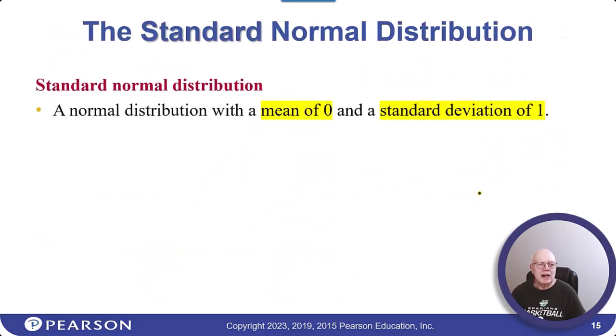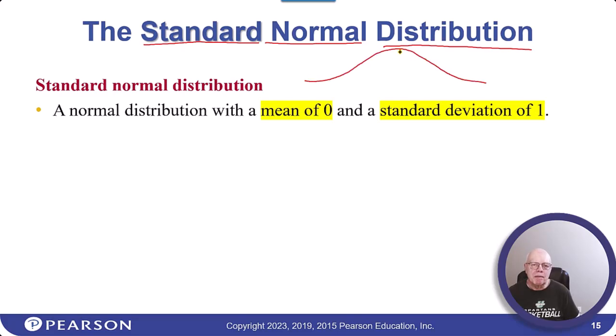Okay, now we get to that standard normal distribution. Remember, there's only one. And if you want to think of it as the gold standard in a way, just to keep it distinct from any normal distribution, here we go. The standard normal distribution is a special one, a particular one.